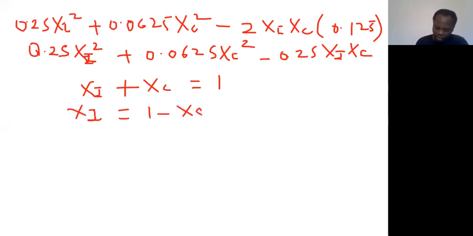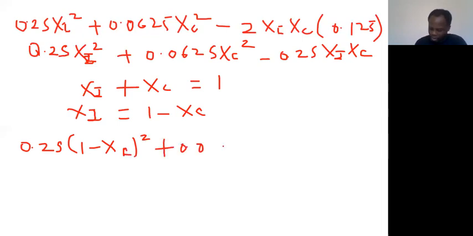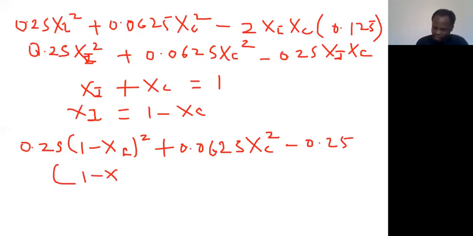So I'm going to have 0.25 into brackets 1 minus xc, all squared, plus 0.0625 xc squared minus 0.25 into brackets, instead of xi, I'll write 1 minus xc multiplied by xc.